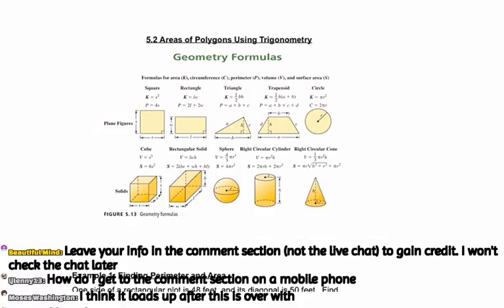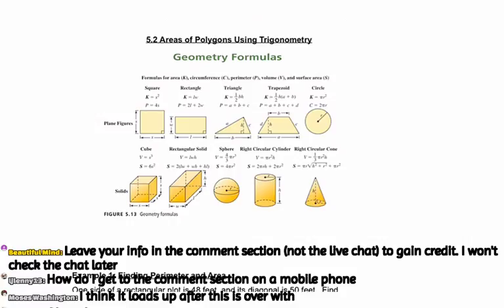So in pre-cal, where we left off, we just started section 5.2, and we're looking at areas of polygons using trigonometry. Sorry about that.